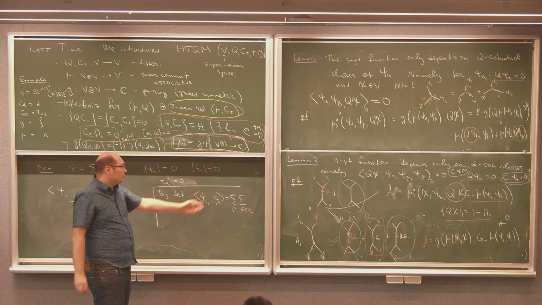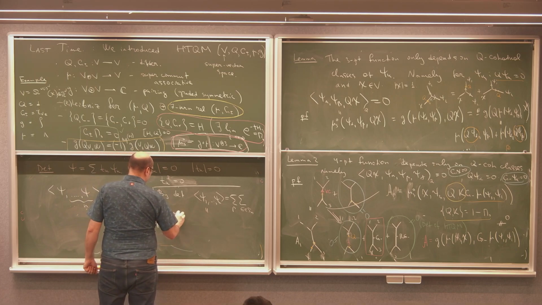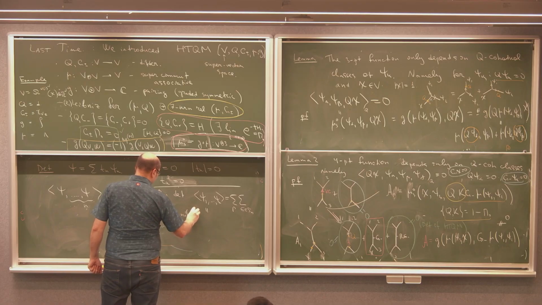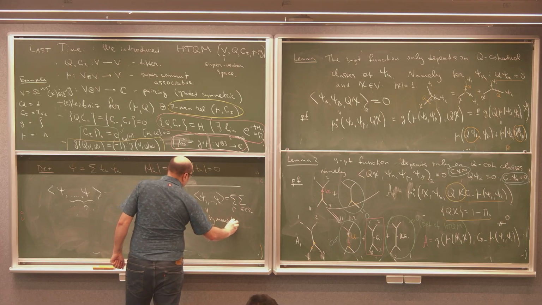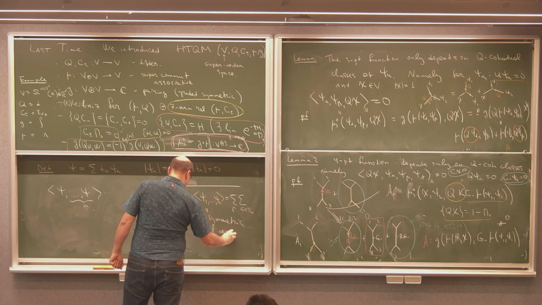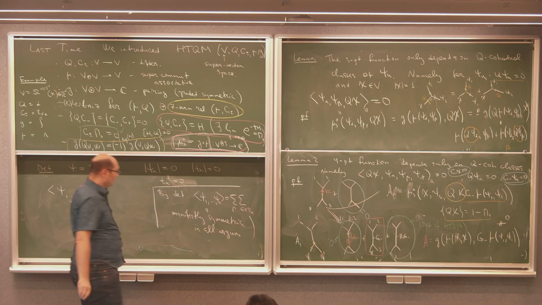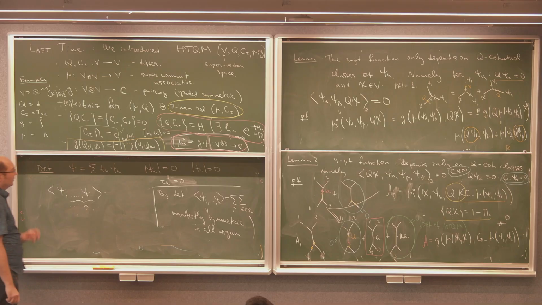And because we sum over all permutations, this thing is manifestly symmetric in all arguments. So that is just a simple consequence of our definition.